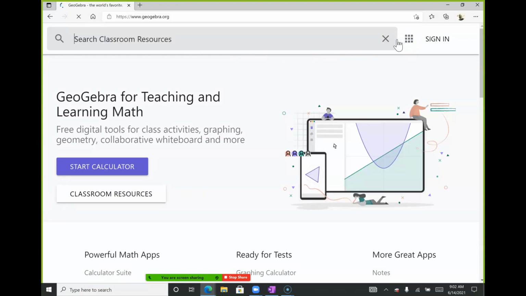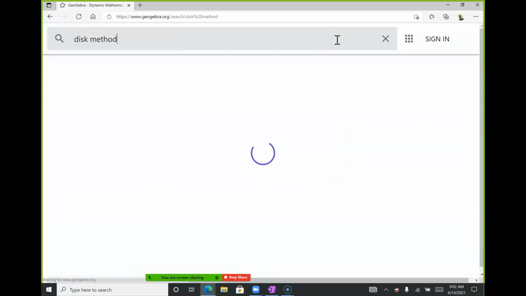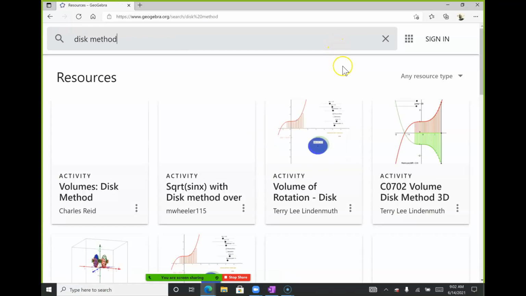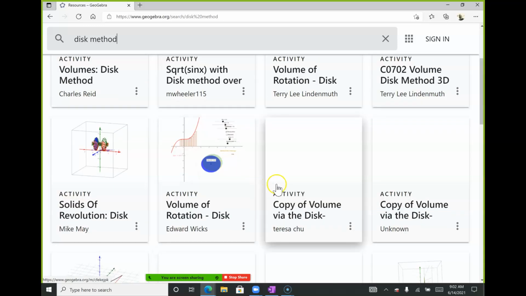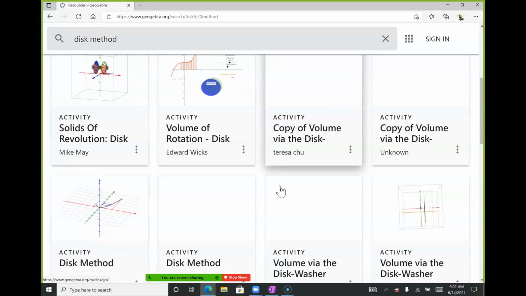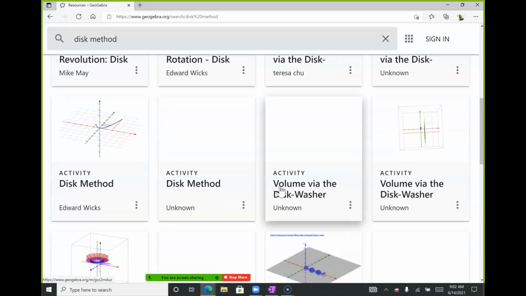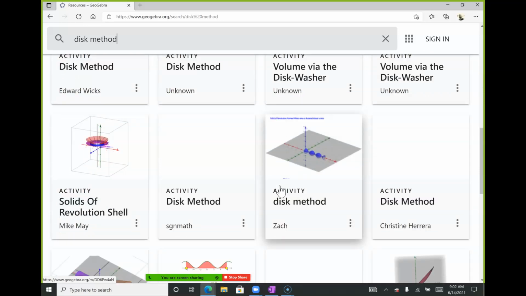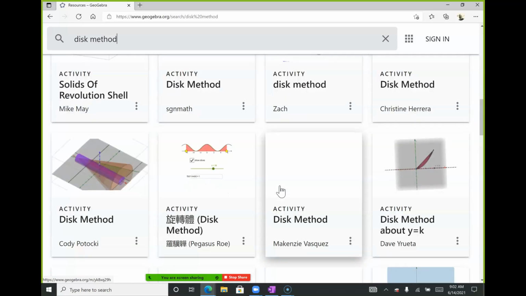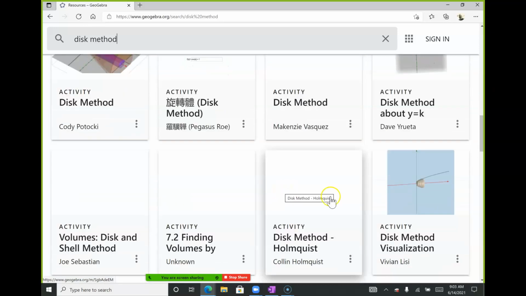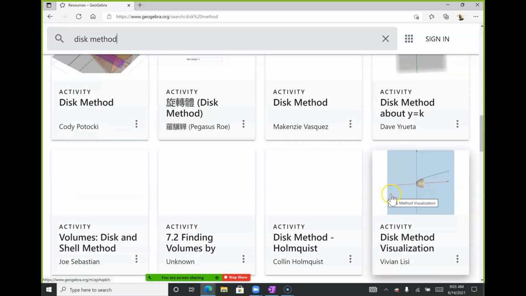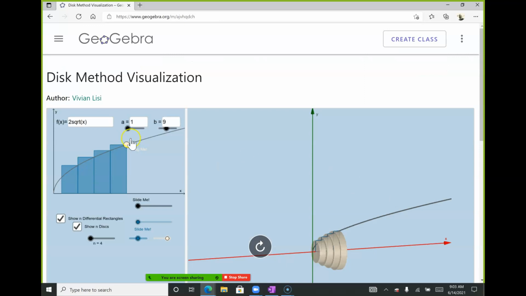And I'm just in the magnifying glass in the search box. I'm going to type disk method. Now I've got to find one, and I have to remember which one does it well. Give me a second here. Yeah, this one's pretty good.